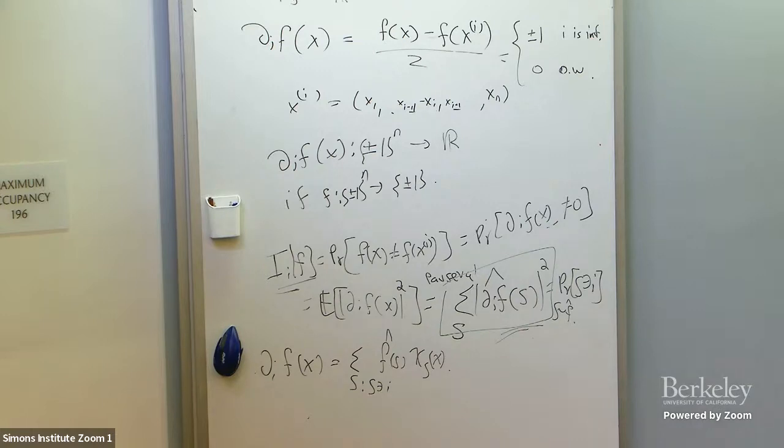And this will be useful sometimes when we want to do it with functions that are not exactly Boolean. Think even about the functions after you applied some noise. They're not Boolean anymore.